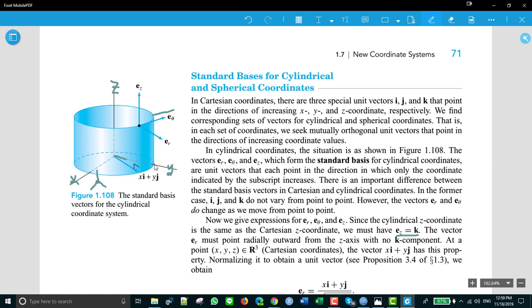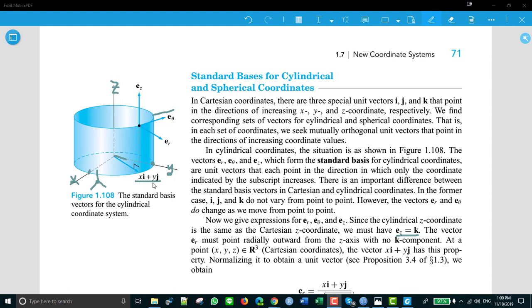If we're at this point, the x-coordinate is 0, and the radial direction will just be along the y-axis. If we were here, then the radial direction would be in the x direction, and y would be 0. So this is an expression for a radially directed vector.